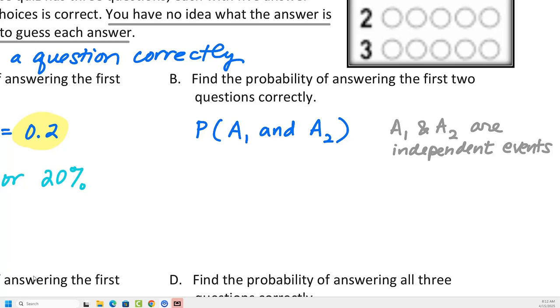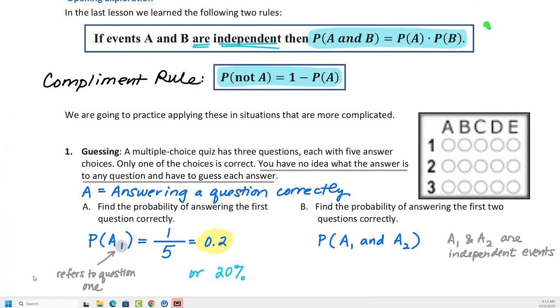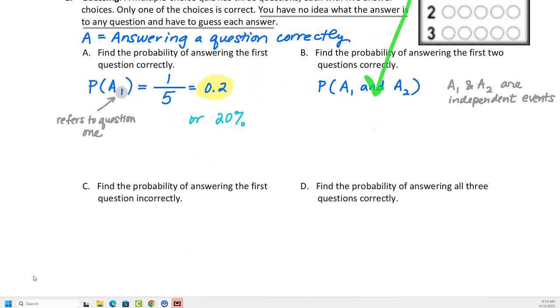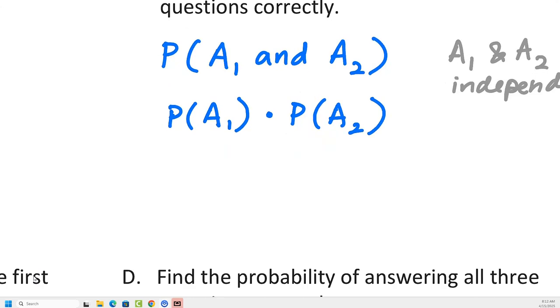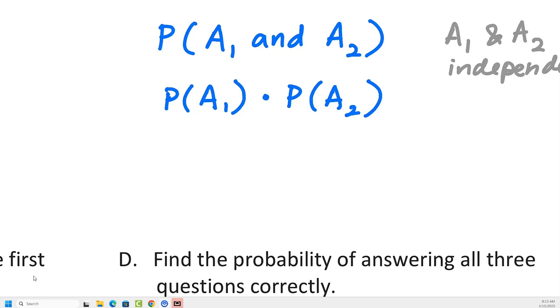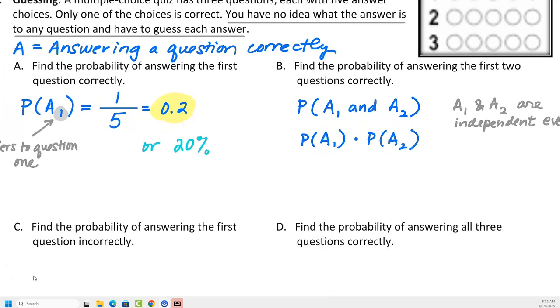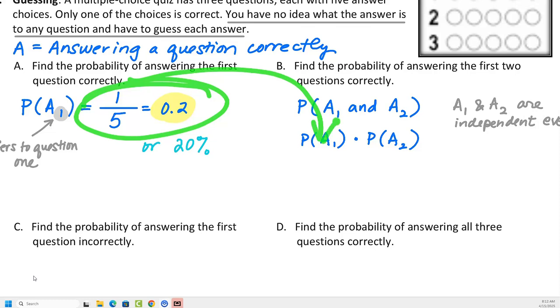We know from above that if they're independent, you can just multiply the probability of A and the probability of B. So I'm going to rewrite this as the probability of A1 occurring times the probability of A2 occurring. Did we already figure out the probability of A1? Right over here. Is the probability of A2 going to be any different?